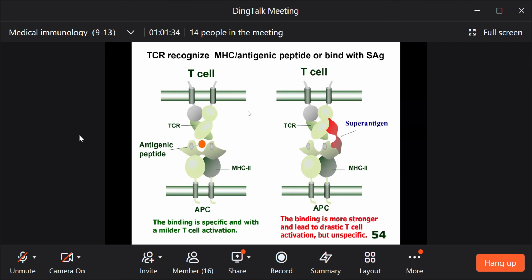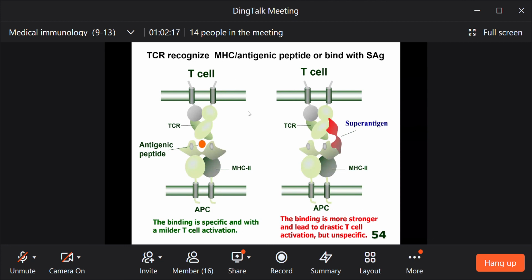So if we are infected by many kinds of bacteria, it should be expressed like this. Many proteins from many bacteria are very, very dangerous for humans because those special proteins are just like the superantigen.